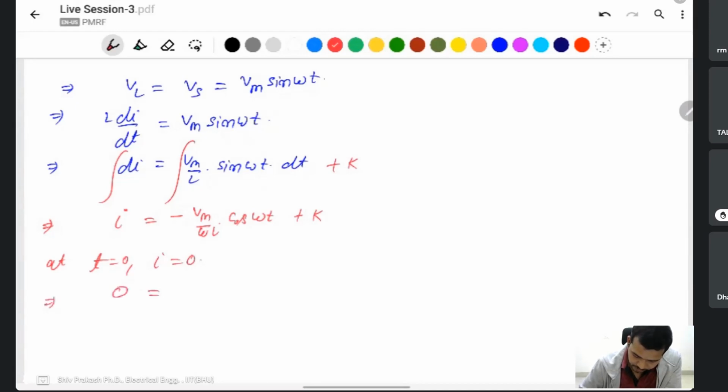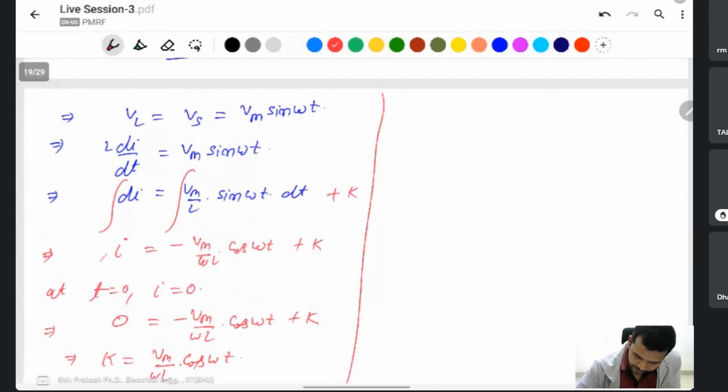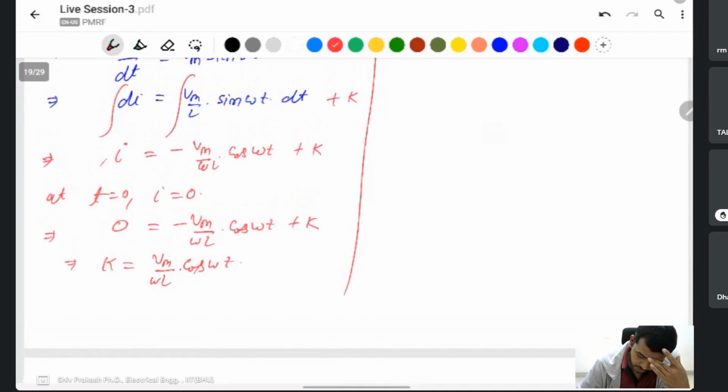Then we find k is equal to Vm by omega L. Then I will be minus Vm by omega L cos omega t plus Vm by omega L. Sorry, here at t equal to 0, cos 0 is 1.